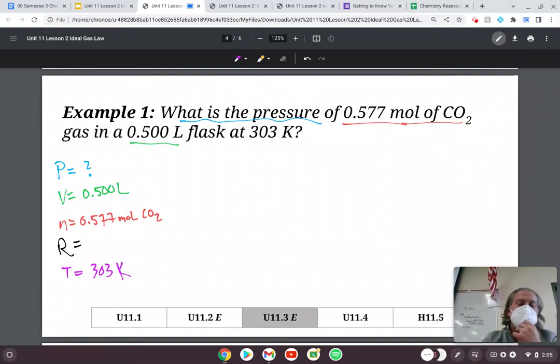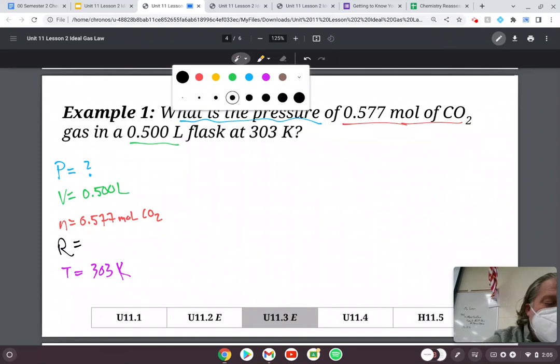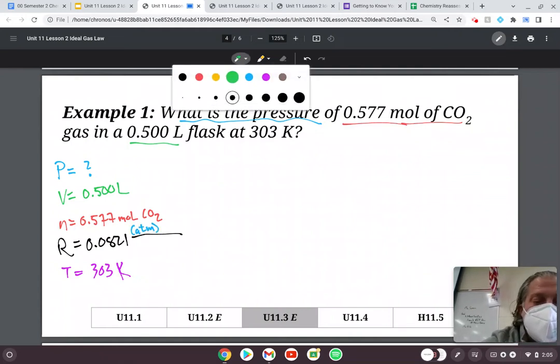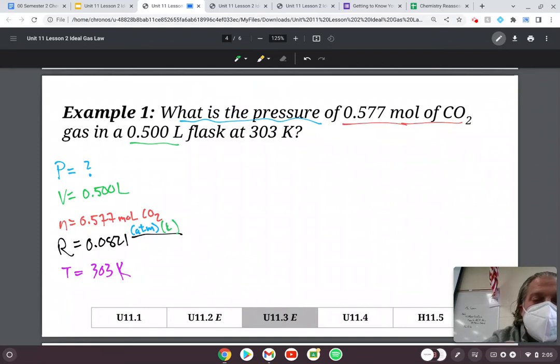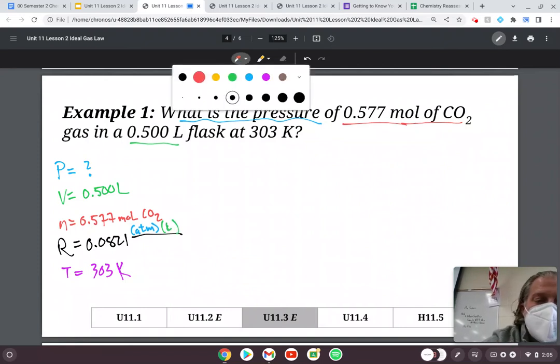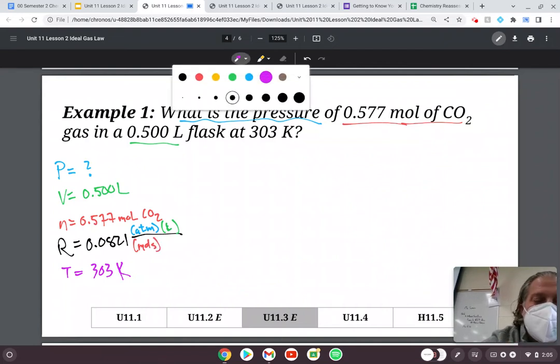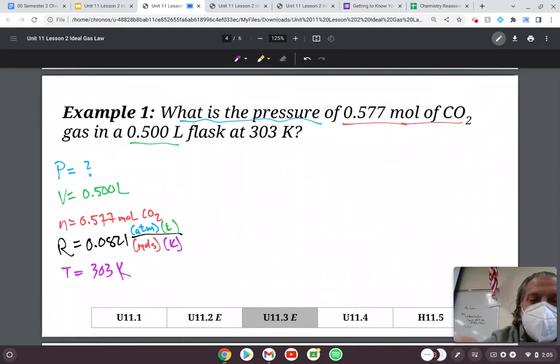Now, the R, or the ideal gas law constant, is not going to change. That's going to be something that you will always know. So that's going to be 0.0821. And again, our unit is ATM, liters, moles, Kelvin.